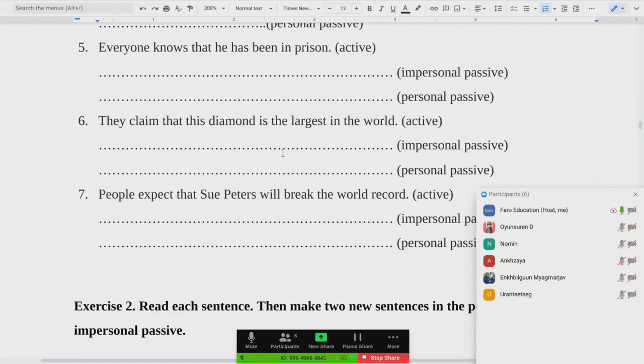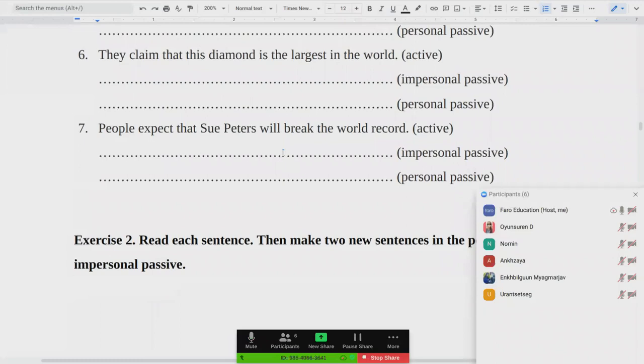Number 7. People expect that Sue Peters will break the world record. The impersonal passive: it is expected that Sue Peters will break the world record.